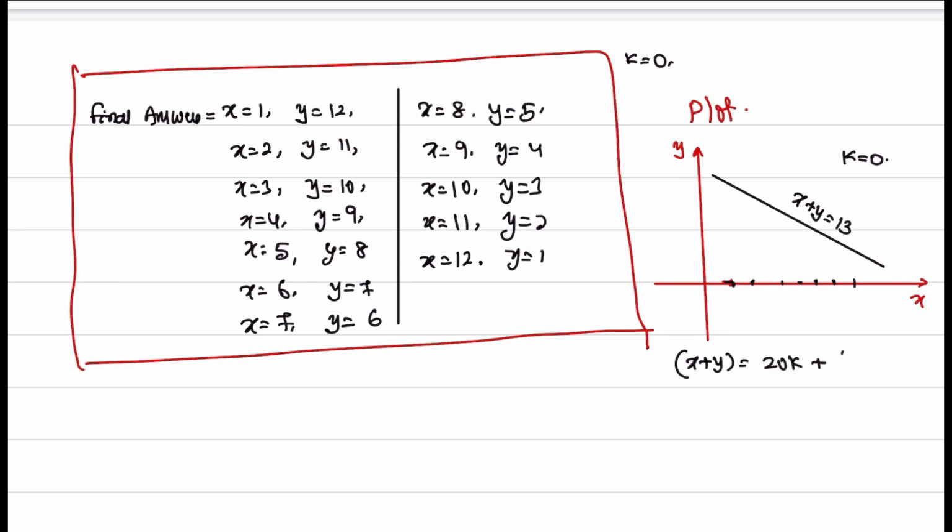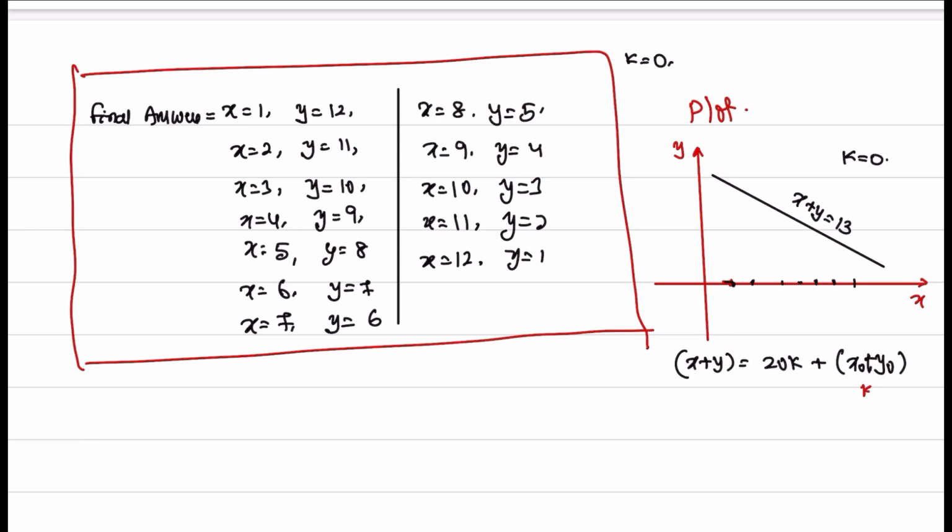The final equation is x plus y is equal to 20k plus x naught plus y naught, where x naught, y naught is for the initial value, k is equal to 0.